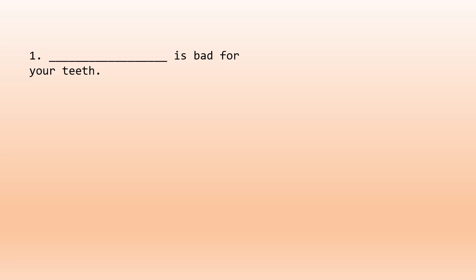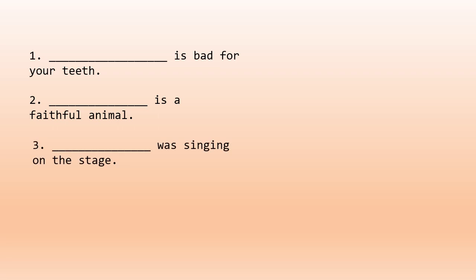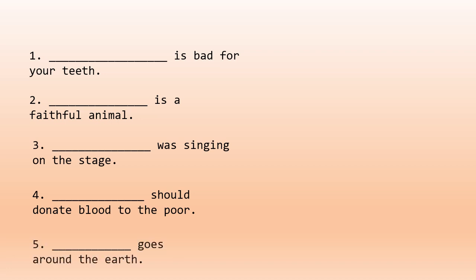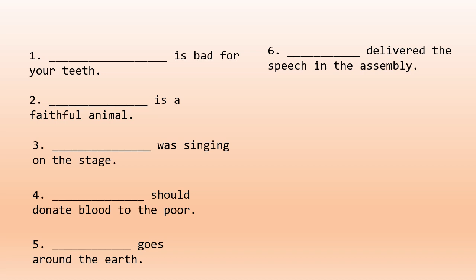Number 2, dash is a faithful animal. Number 3, dash was singing on the stage. Number 4, dash should donate blood to the poor. Number 5, dash goes around the earth. Number 6, dash delivered the speech in the assembly.